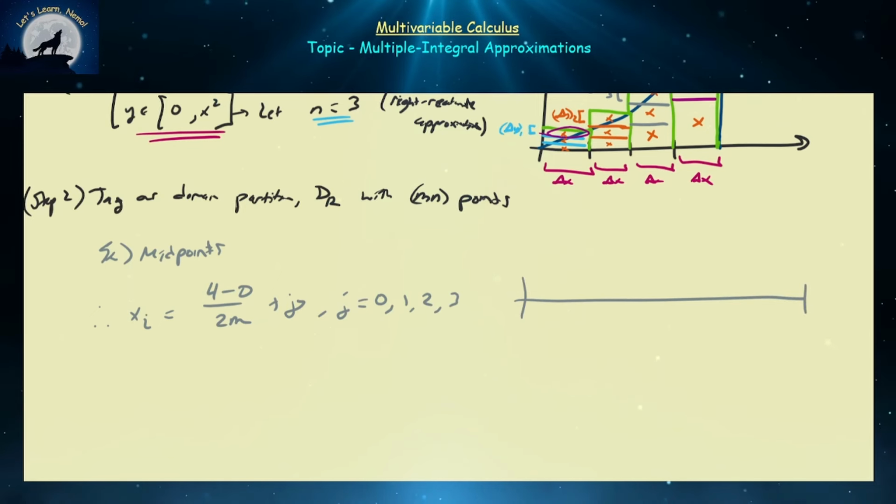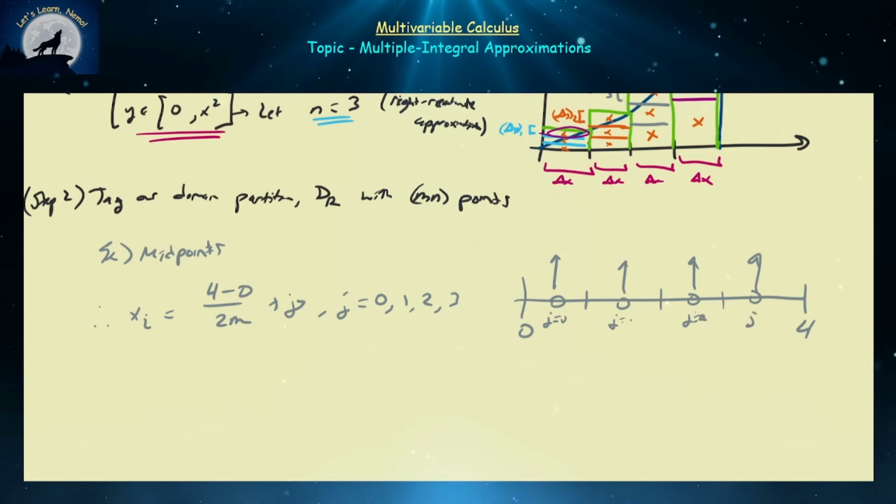So what we're looking at here is going from 0 to 4, and then we're going to take this point and project upwards. Right, so this is j equal to 0, j equal to 1, j equal to 2, and j equal to 3. Work out that formula just to make sure that definitely gives you what you want.